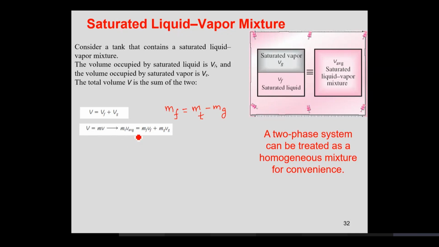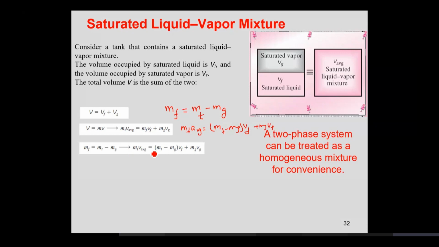So I can write this expression in this way: MT V average is essentially equal to (MT minus Mg) Vf plus Mg Vg. Is it clear?